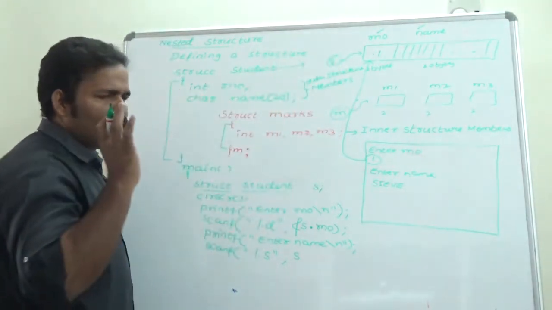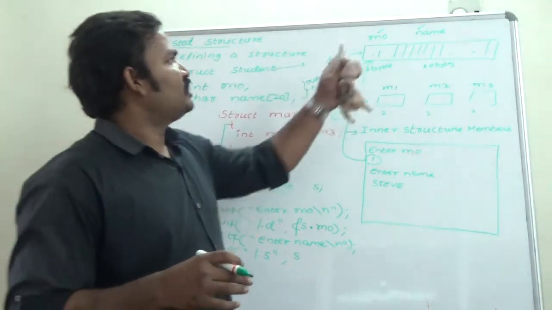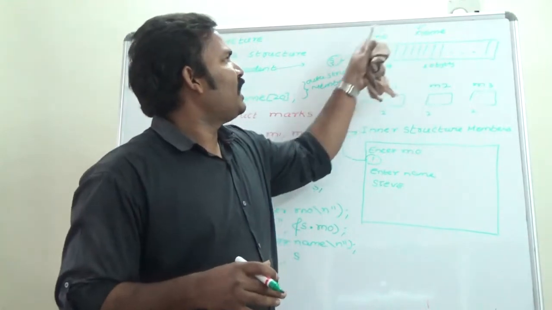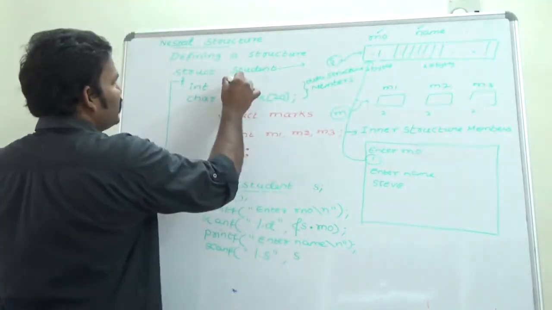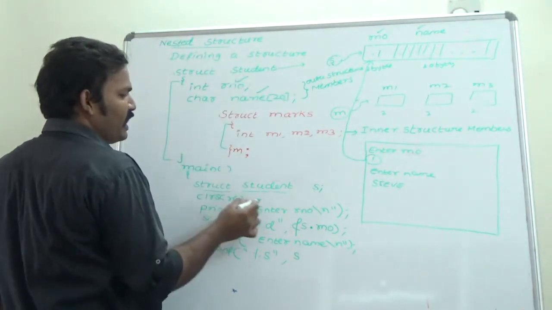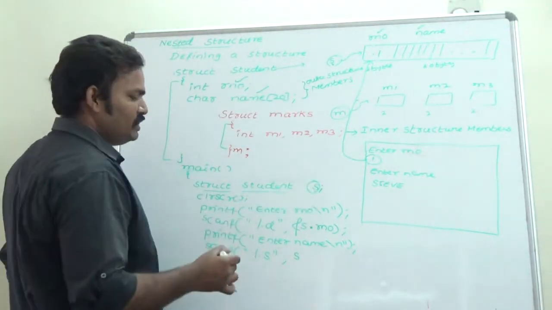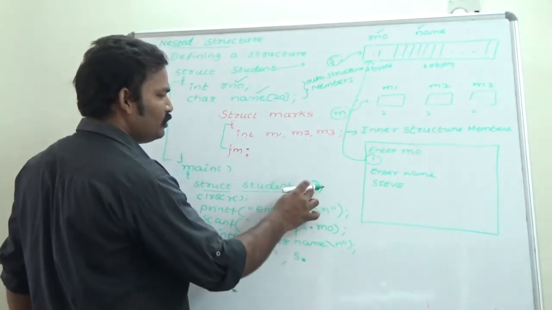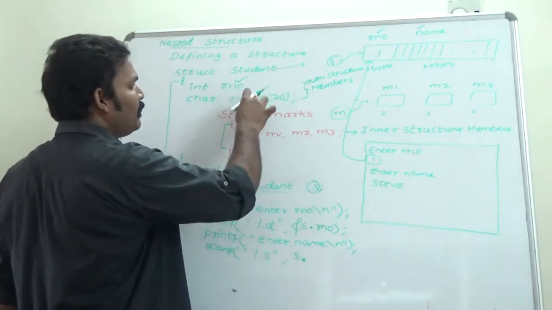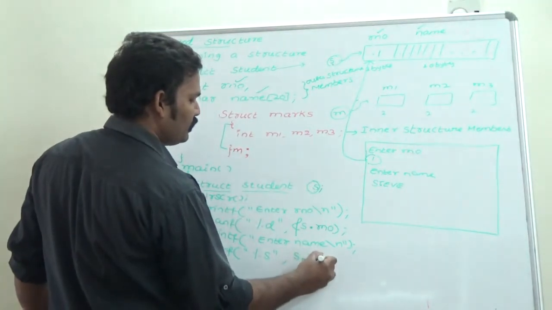Remember only one point: structure members can be accessed with the object name, then the direct access operator, and then the member name.